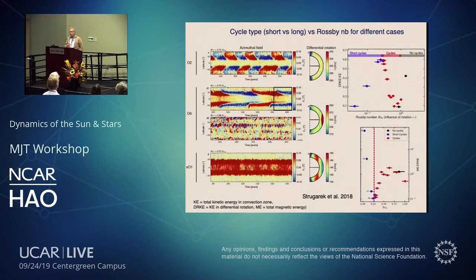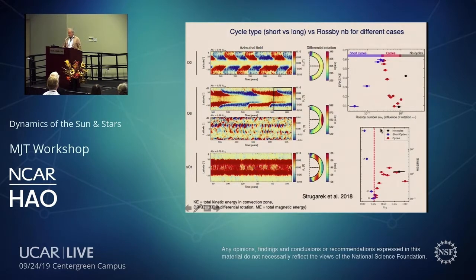We were able to find long cycles, decadal long, like the simulation I showed you. We were able to find also short dynamo cycles, sometimes even, like in this case, long cycles, and when you filter the long cycles, shorter cycles. And in the anti-solar dynamo case, anti-solar in terms of differential rotation, slow equator, fast pole, we were finding a steady dynamo.